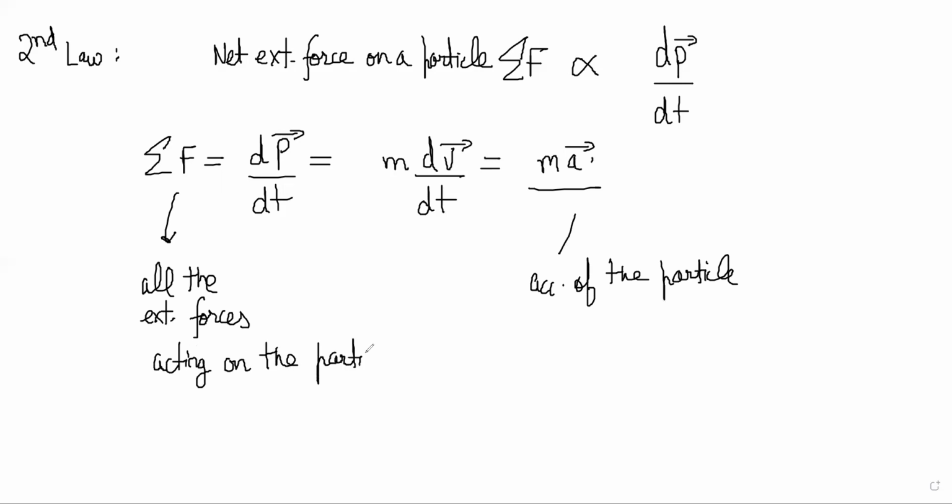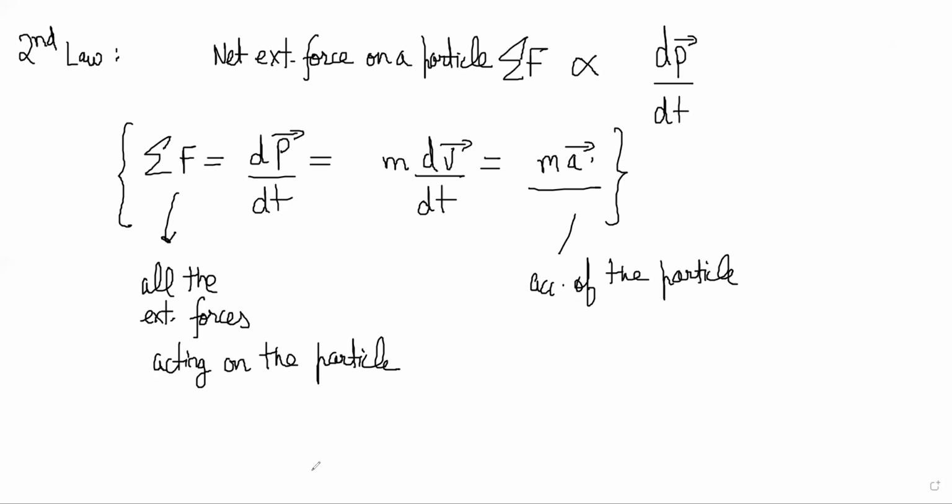Correct? So I hope that is clear. When we come to a system of particles, we will change this definition slightly, and this will become a special point, which we will call the center of mass. So we'll come to that derivation later. For now, just think about this as defining the second law for a single particle.